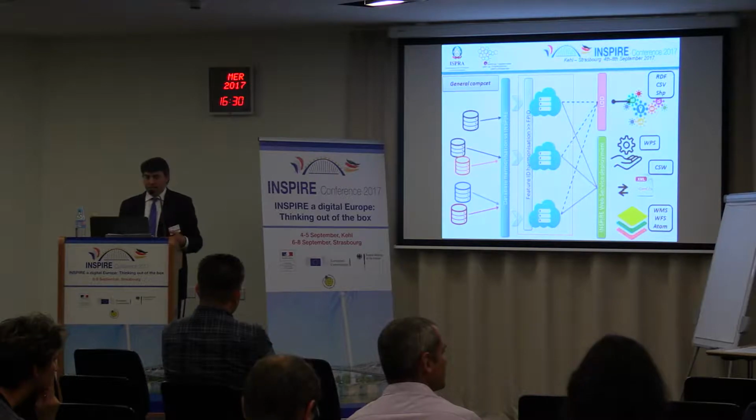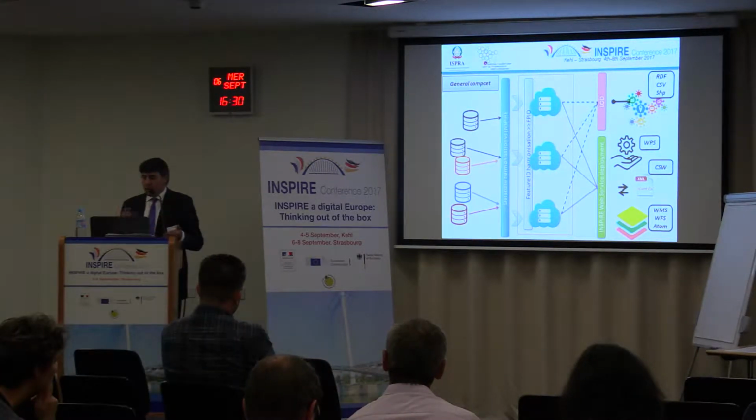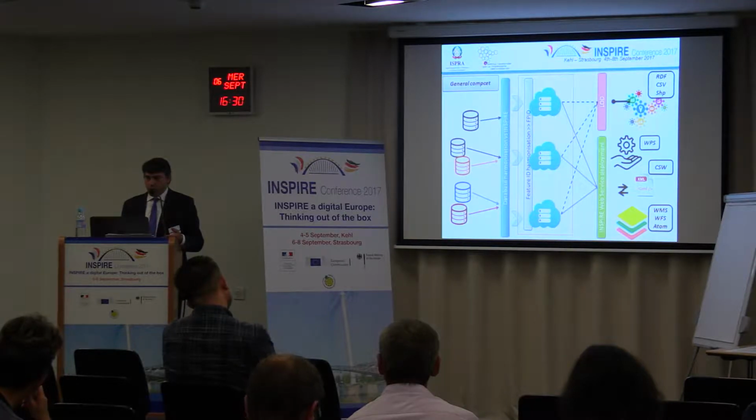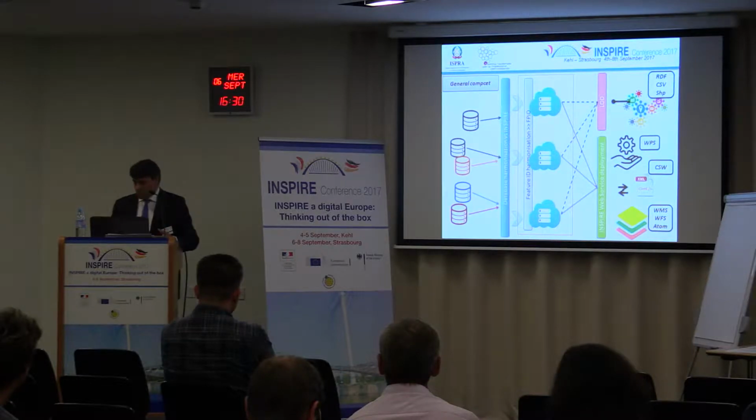And then we provide this data in different formats. Of course, we provide metadata, and web services, mainly based on OGC standards. And also linked open data, because most of the community already provides linked open data, so we also have to harmonize the linked open data as a layer.